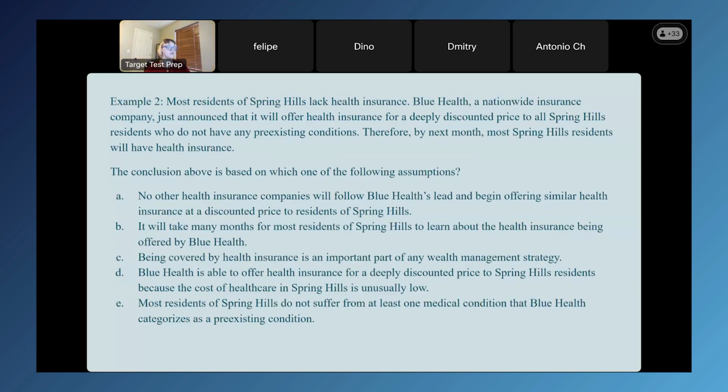And you've just got to pay attention to the direction. So if it will take many months for residents of Spring Hills to learn about health insurance being offered by Blue Health, then the conclusion doesn't follow. If it said it will not take many months for residents of Spring Hills to learn about the health insurance, that could be a necessary assumption. But this one, the way it's written, does weaken the argument, and a weakener can never be a necessary assumption.